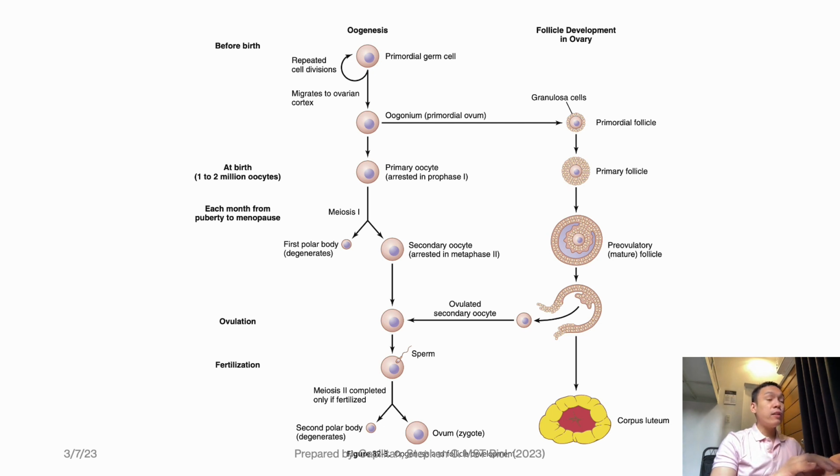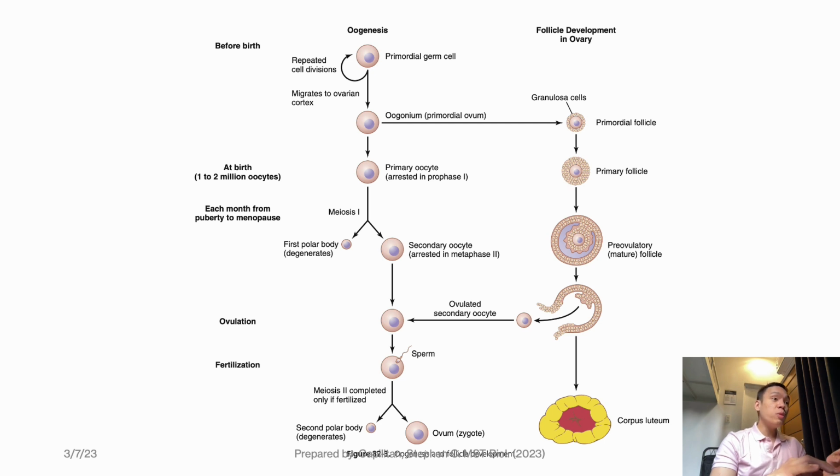We have here oogenesis and the follicle development in your ovary. This happens before birth, at birth, and each month from puberty to menopause, which is happening every menstrual cycle. Here with the ovulation, then the fertilization. Your primordial germ cell will undergo repeated cell divisions and then migrate to the ovarian cortex.